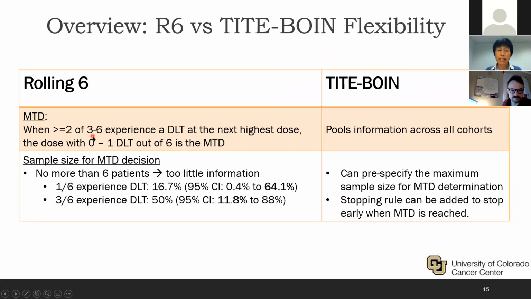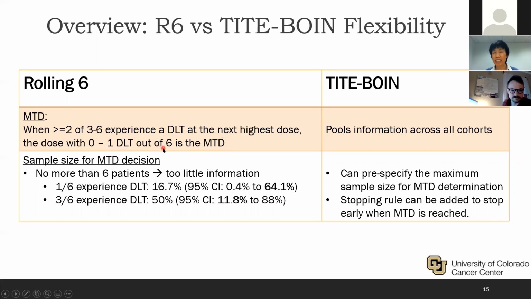The MTD determination for rolling 6 is this. When 2 or more out of 3 to 6 patients experience a DLT at the next highest dose, then the dose with 0 to 1 DLT out of 6 is the MTD. So then you can understand why the DLT is a range for the rolling 6 design, because this is just based on this rule.